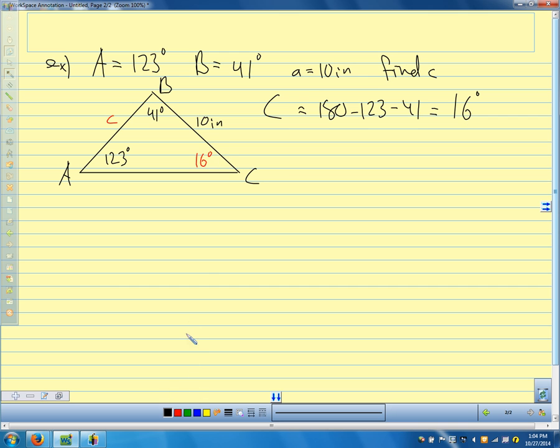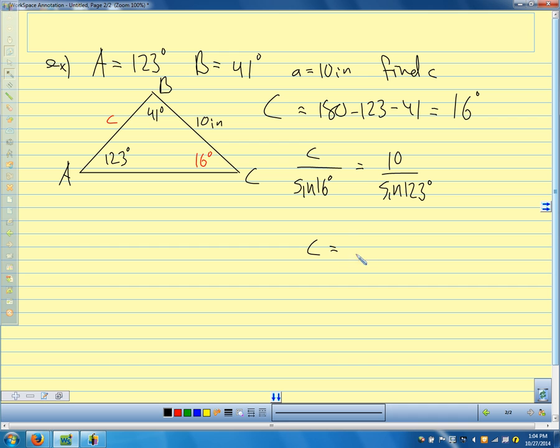And now I can set up my law of sines. I can say C over sine 16 degrees equals 10 over sine 123. I always wait to plug these numbers into my calculator until the very end. So I'm going to multiply both sides by sine 16 degrees.